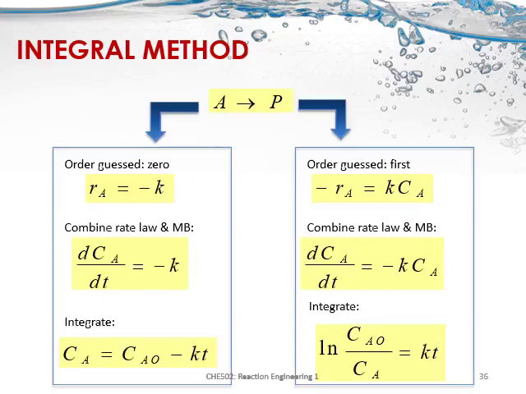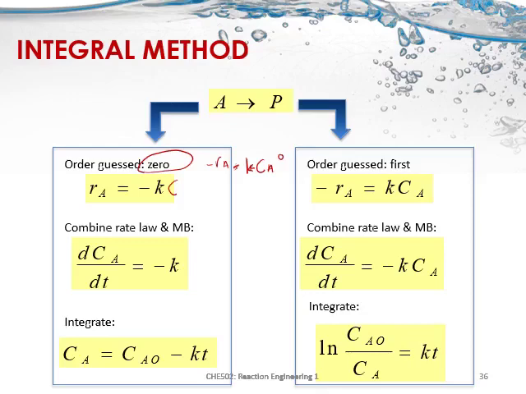So this is the equation. Okay, if we guess it is zero order, most of the time we put negative rA equal to k CA to the power of 0. But in this slide they move the negative sign to the right hand side. It doesn't matter. It's just mathematics.